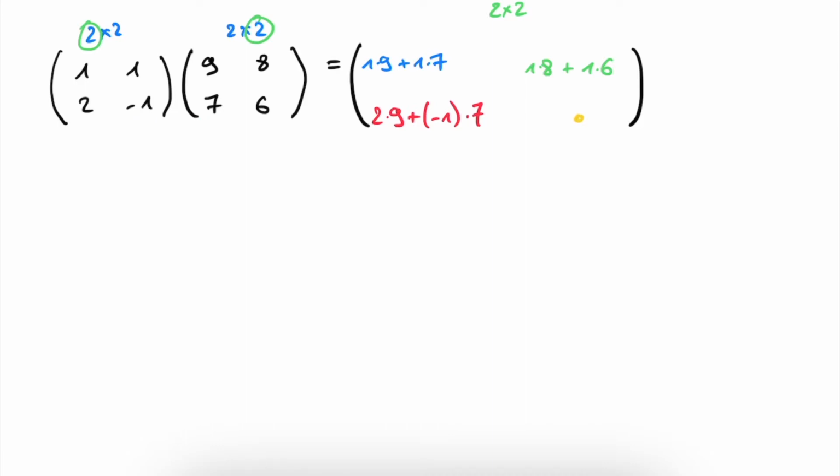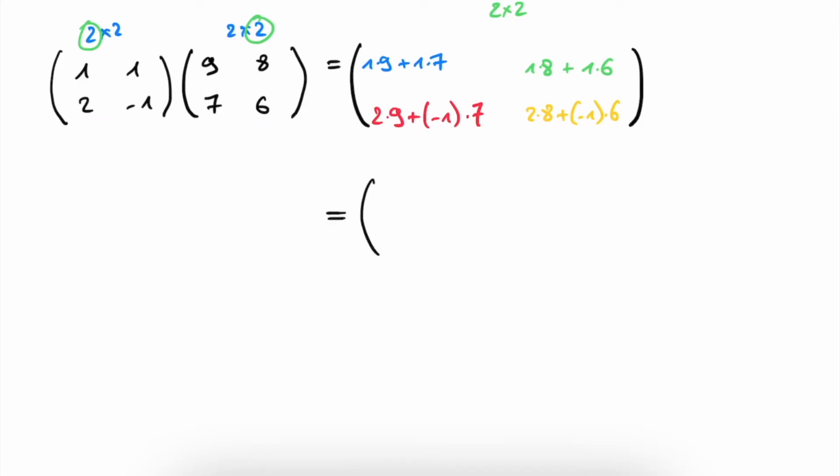And the last element of our resulting matrix on the second row and the second column will be obtained by looking at the second row and the second column. Again, we multiply these two numbers and we add the product of these two numbers. So we get 2 times 8 plus minus 1 times 6. And our matrix multiplication is done.